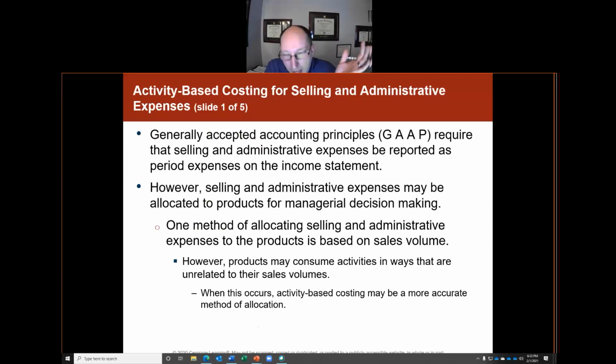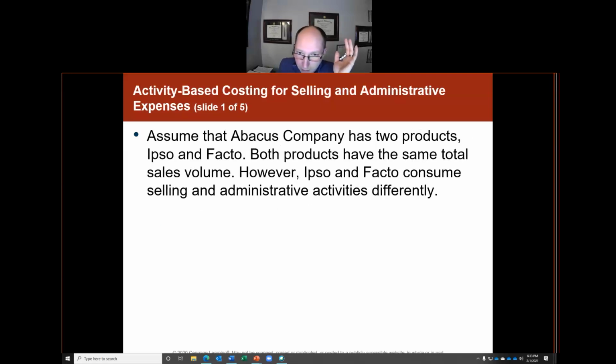But in some cases, depending on the use of the single-step income statement or the multi-step income statement, it'll either be identified as an expense or part of cost of goods. And you probably remember that, or hopefully remember that from financial accounting.